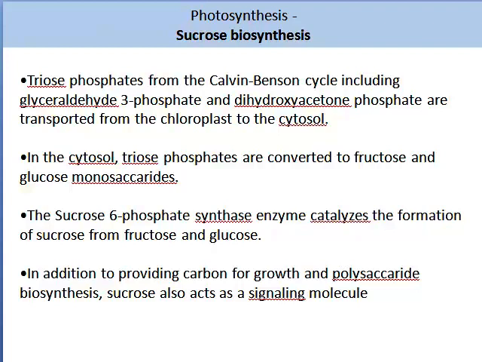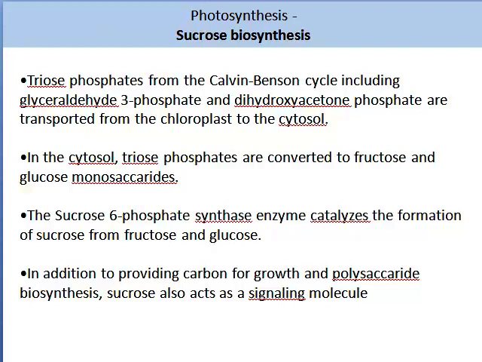Sucrose biosynthesis is described. The triose phosphates from the Calvin-Benson cycle, including glyceraldehyde 3-phosphate and dihydroxyacetone phosphate, are transported from the chloroplast to the cytosol. In the cytosol, triose phosphates are converted to fructose and glucose monosaccharides.